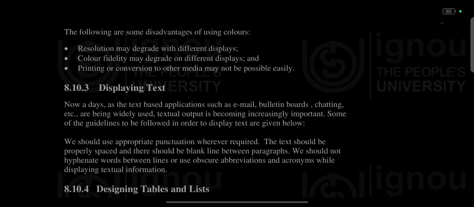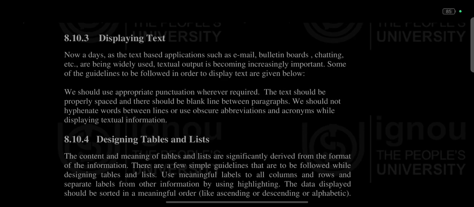Displaying text. Nowadays, as text-based applications such as email, bulletin boards, chatting, etc., are being widely used, textual output is becoming increasingly important. Some of the guidelines to be followed in order to display text are given below.